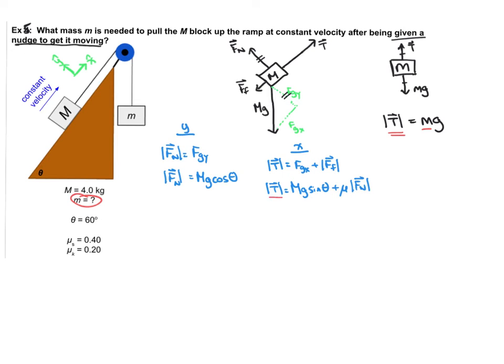Okay, now we'll look at the middle equation. So tension's there again. I do know capital M. I do know g. I do know the angle. And I do know the coefficient. We're talking about the kinetic coefficient here because it is moving at a constant velocity. But I don't know normal force.